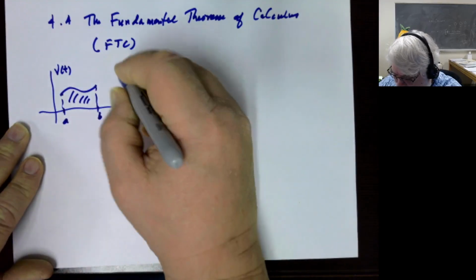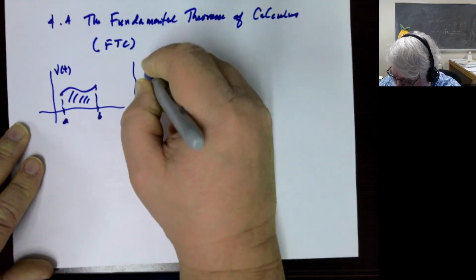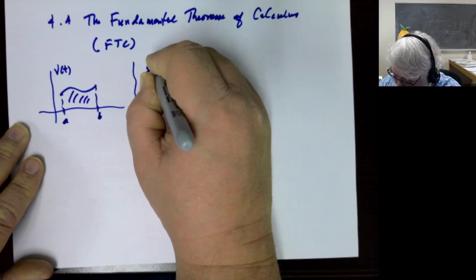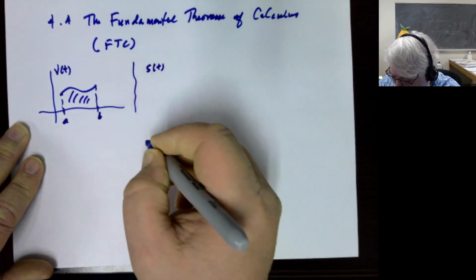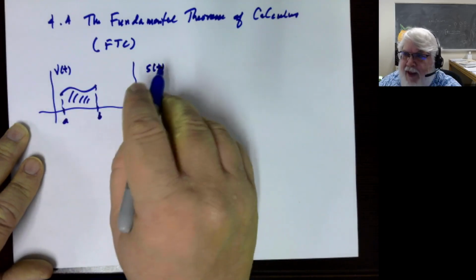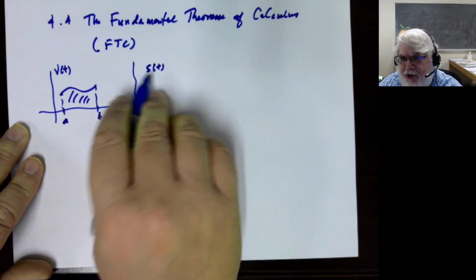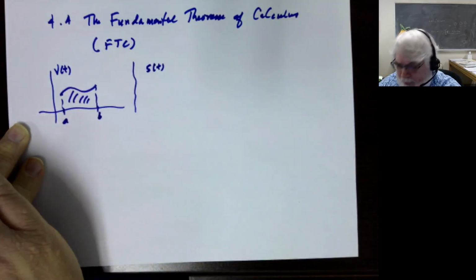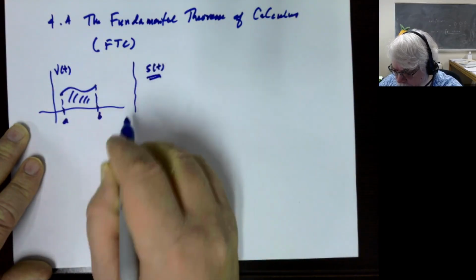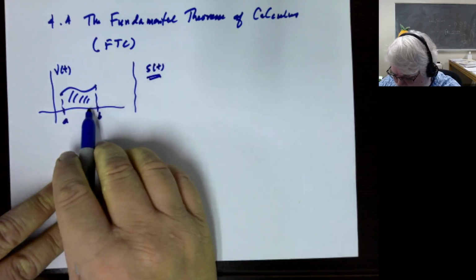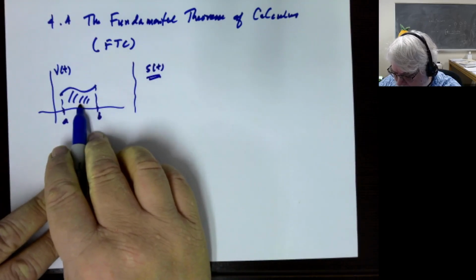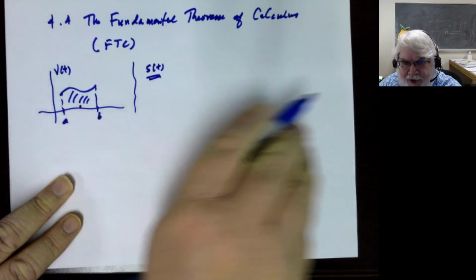We also said that if you knew the actual displacement function s of t, or distance, well, I'm not calling this a distance function, right? Because your displacement here could be positive or negative, left or right. But if I knew what my displacement function was, and this is my velocity curve, this means that I'm always traveling in one direction.